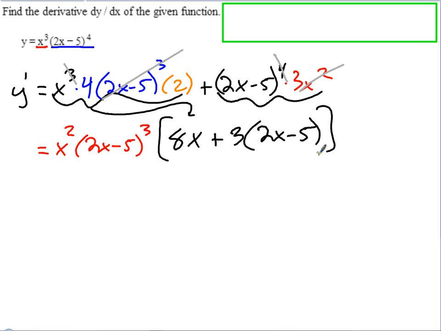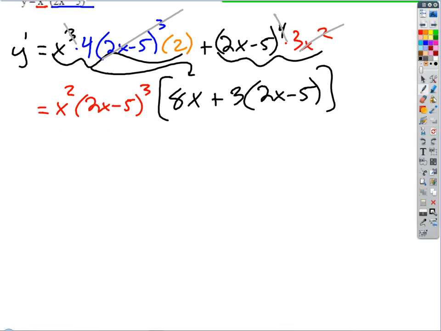Okay, so what's the last thing I probably can do here? Yeah, I could combine all this stuff. I can distribute the 3 and add like terms. And so we end up with x squared times the quantity 2x minus 5 cubed times, what am I going to get?